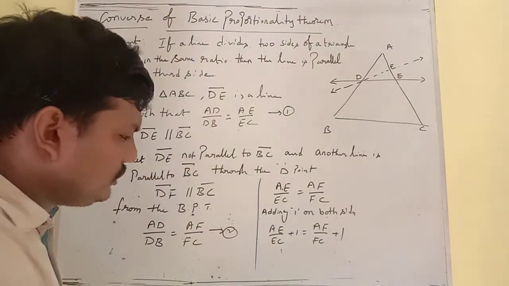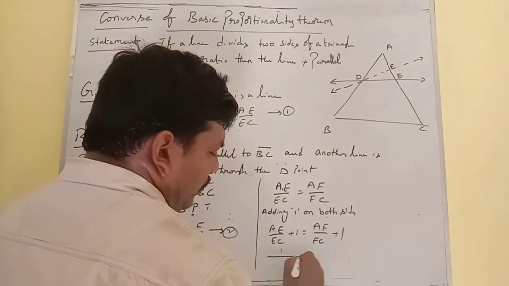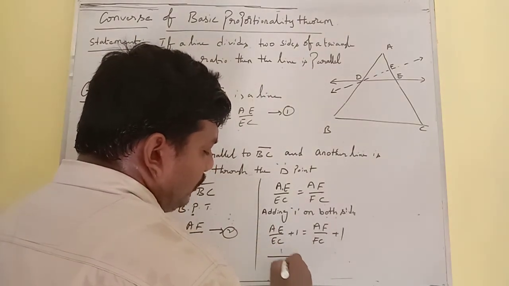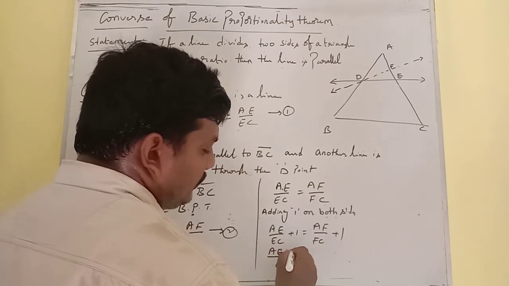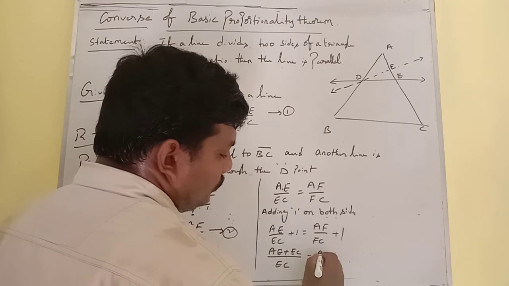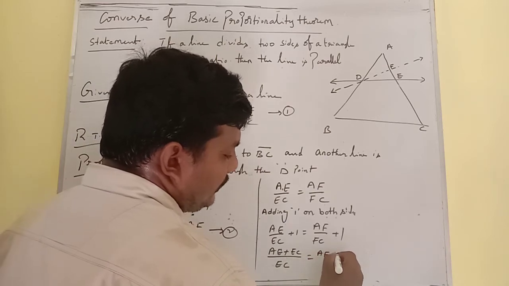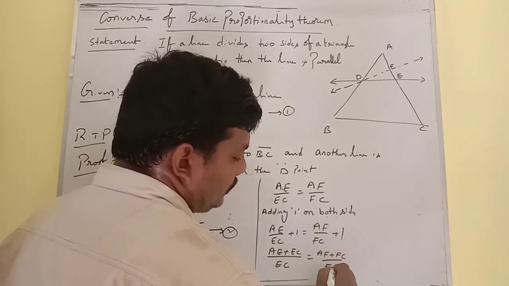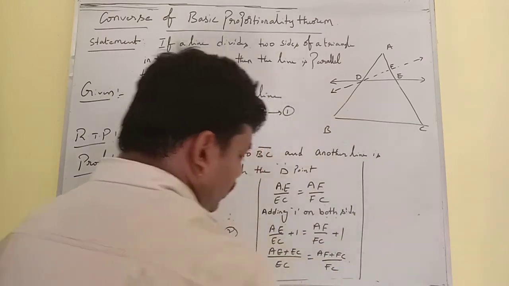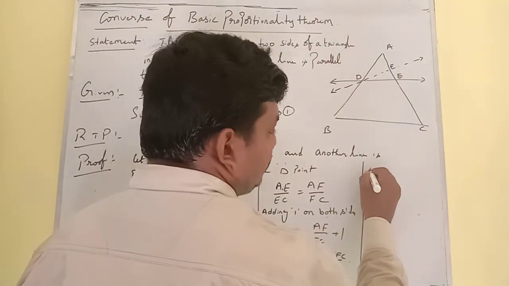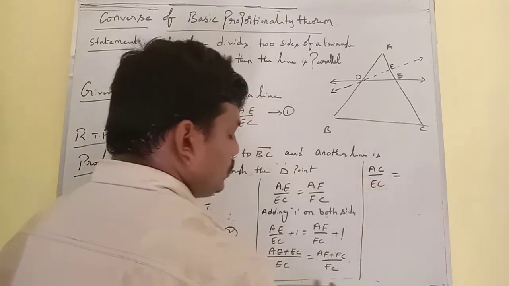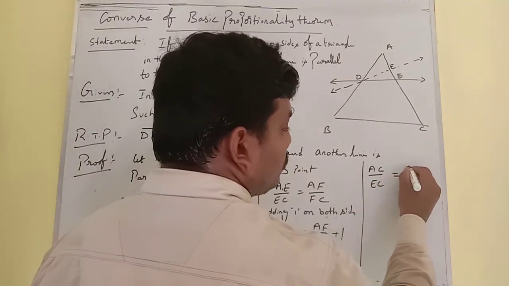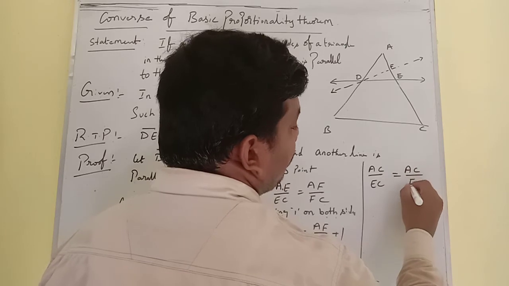By adding 1 on both sides, the LCM is EC. Now the numerator part is AE plus EC, that is equals to AF plus FC by FC. So AE plus EC is nothing but AC by EC, that is equals to AF plus FC by FC, which is nothing but AC by FC.